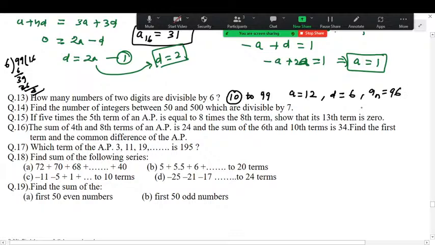Once you have obtained the last number, you just apply an is equal to a plus (n minus 1) into d. D over here is 6.